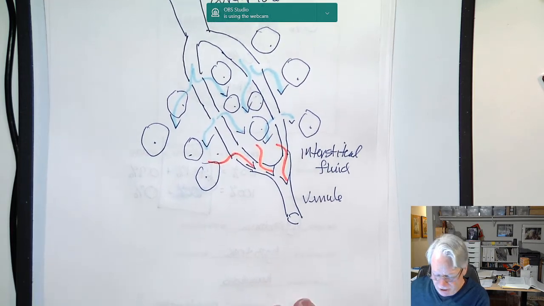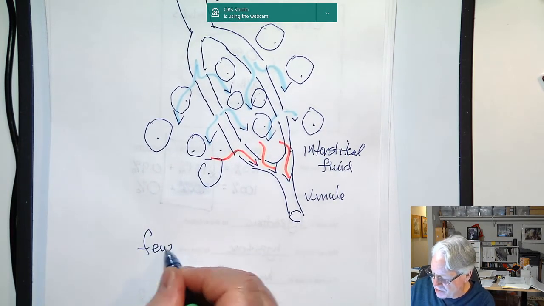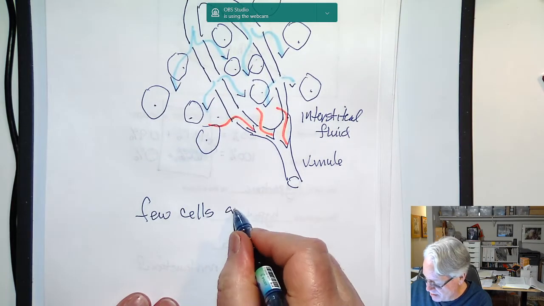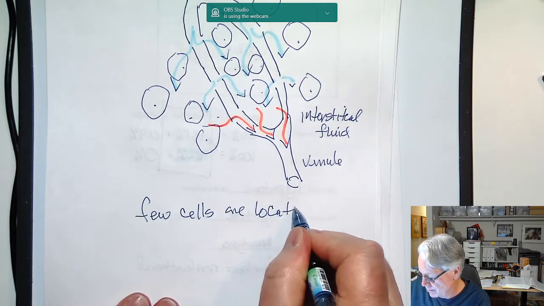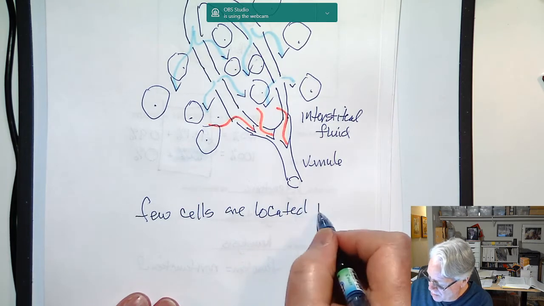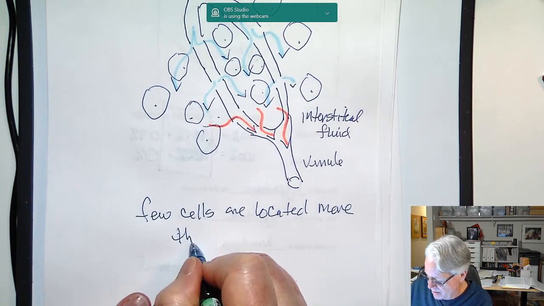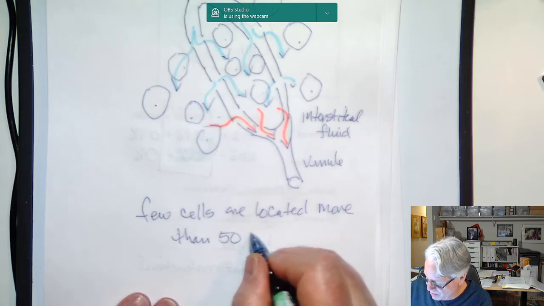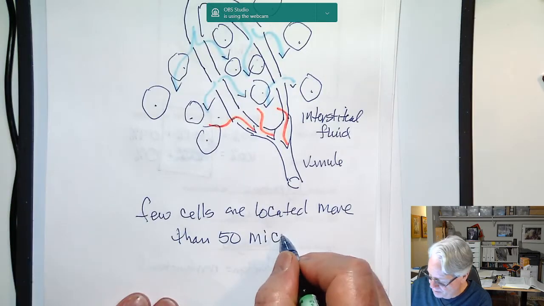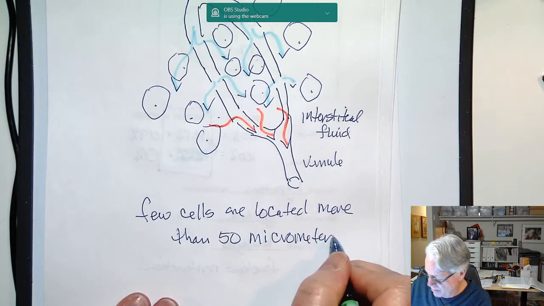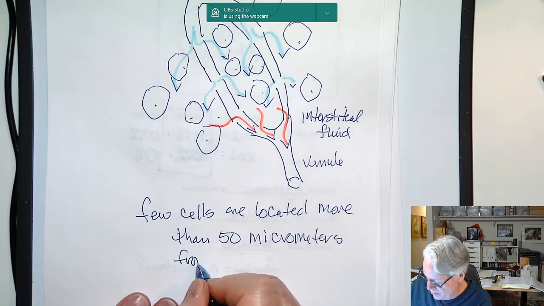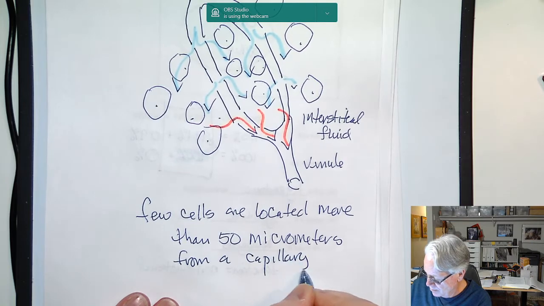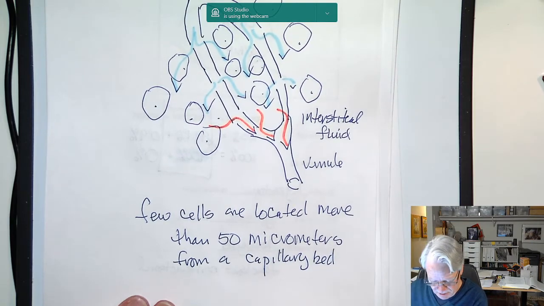All right, so here's a little fun fact. So few cells are located more than 50 micrometers, and that's a very short distance, from a capillary bed. Okay?